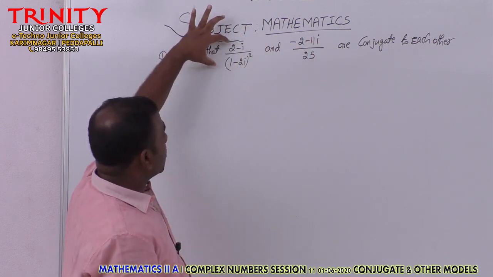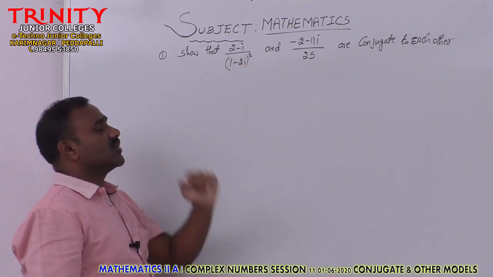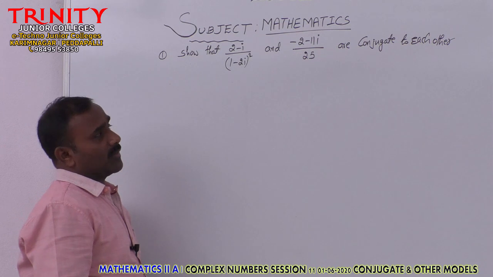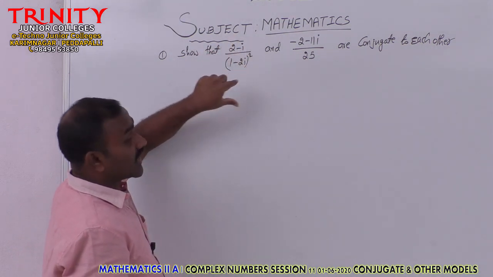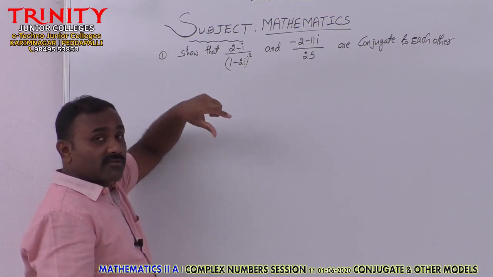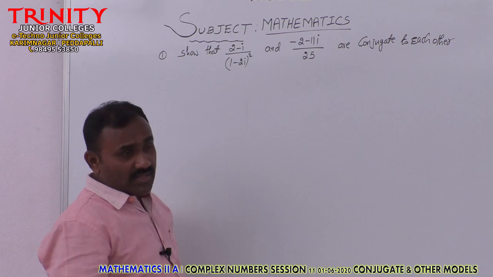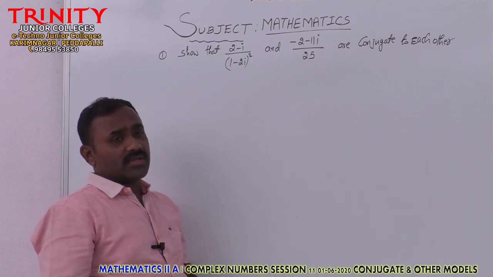But this is not in the complex form. (2 minus i) by (1 minus 2i) whole square is not in the complex form. First we have to express this one in the complex form. What is a complex number form? A number which is in the form of a plus ib is called a complex number.